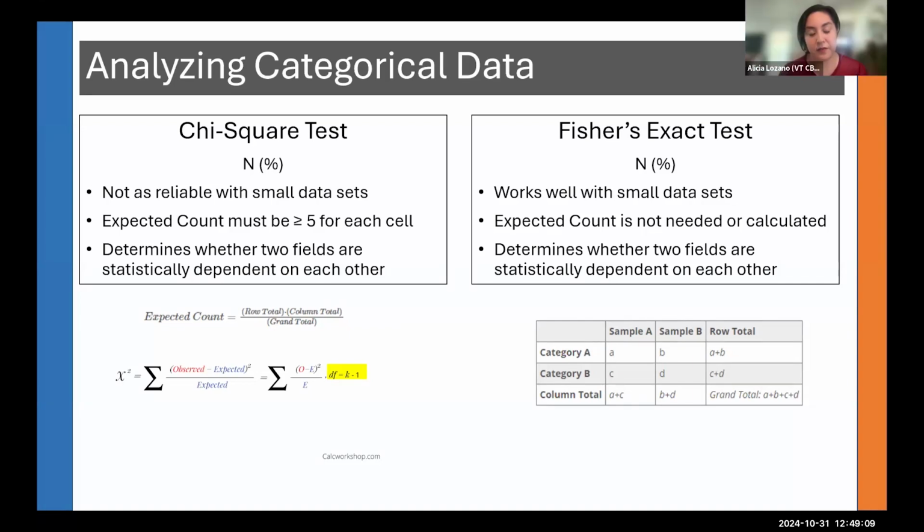That's right. But you're right, Alicia. I've seen that too, where it gives a warning that says 25% of your cells have less than 5 in the expected count, and then, oh, but let's still use the p-value. So just be very cautious. Okay.